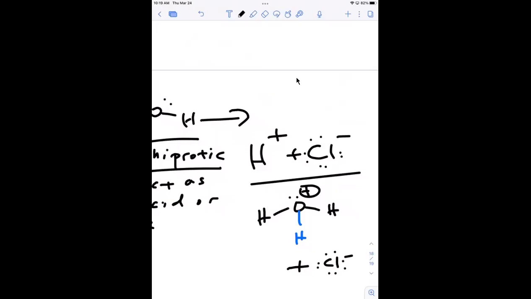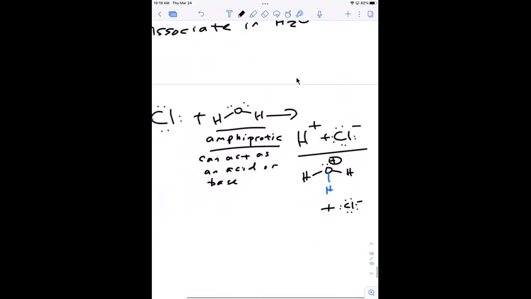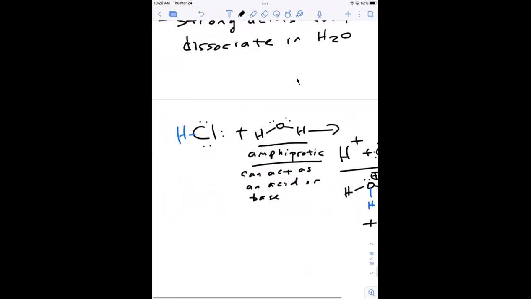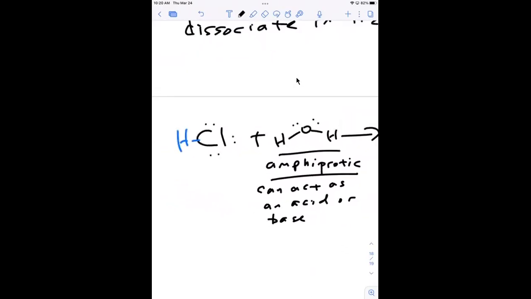So when you're doing acid-base chemistry like this, where your base is not necessarily a salt, like a hydroxide salt or some other type of salt, this is what happens. And this is the organic professor in me coming out. So don't panic about this, but I'll show you how it happens.